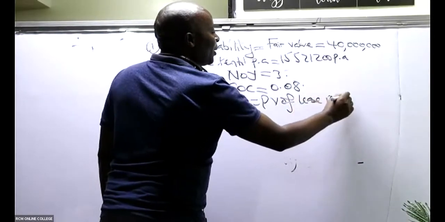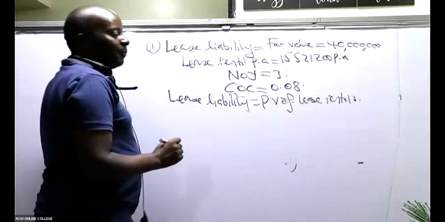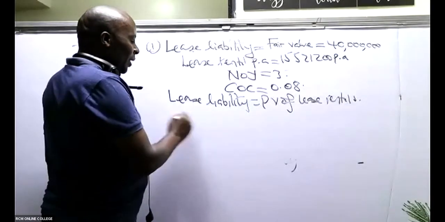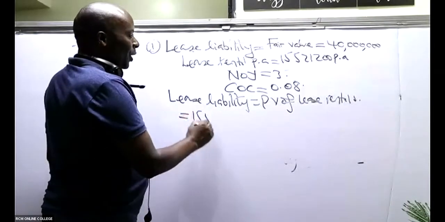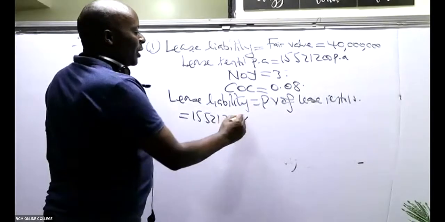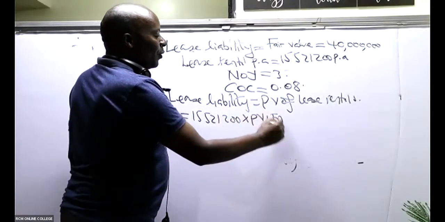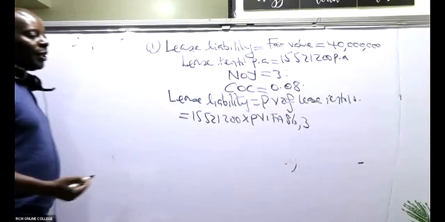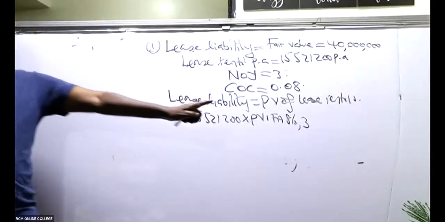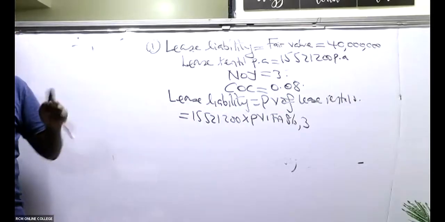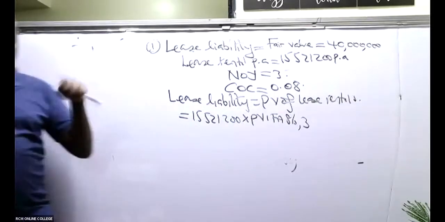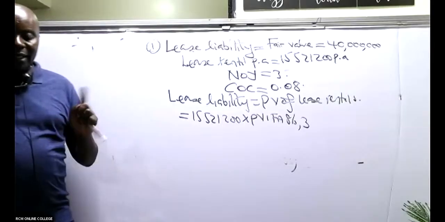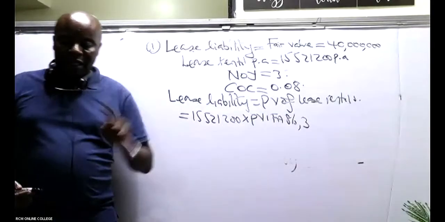So in that case, this would have been 15,521,200 times the present value annuity factor at 8% for 3 years. I will not add 1 plus R there because this one is not being paid up front. It is only the one that is being paid up front that we normally add the 1 plus R. This one we shall leave it like that.